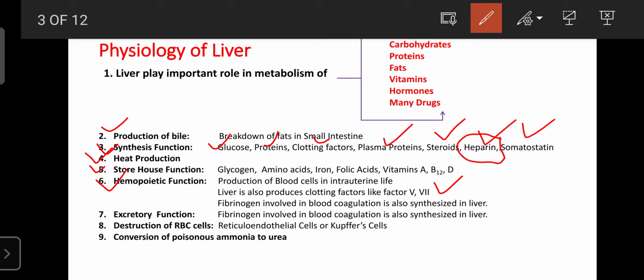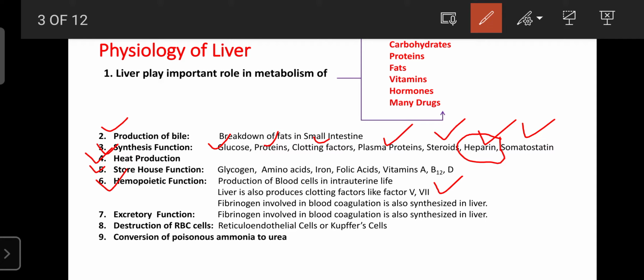Internal bleeding occurs because of the lack of blood coagulation factors due to malfunction of the liver. If that internal hemorrhage occurs in the brain, a stroke results. Due to stroke, the person can die. So the life of the person also depends upon the factors synthesized by the liver.